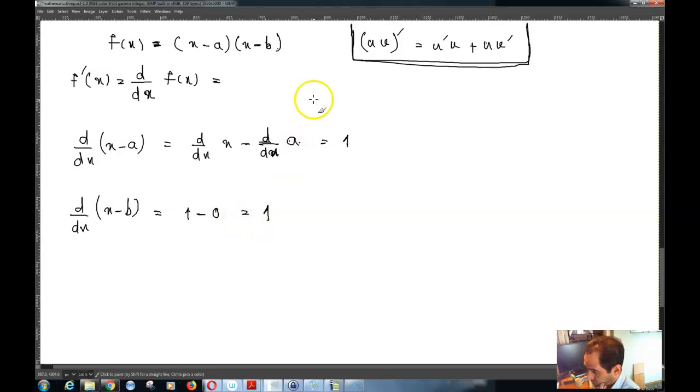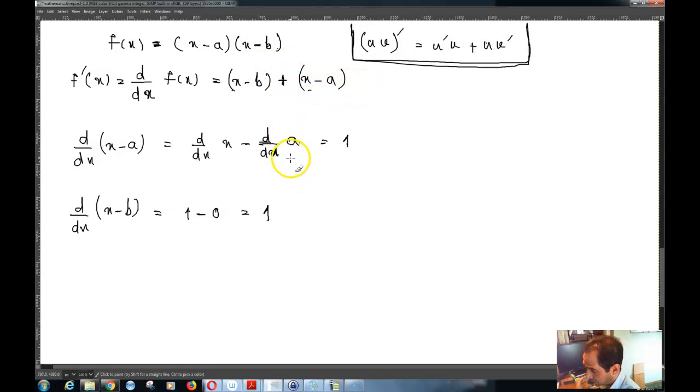So now here you can write d by dx of f of x as u prime times v, where u prime is the derivative of the first function, which is 1, times v, which is x minus b. So 1 times x minus b, plus u times v prime, so x minus a times 1.